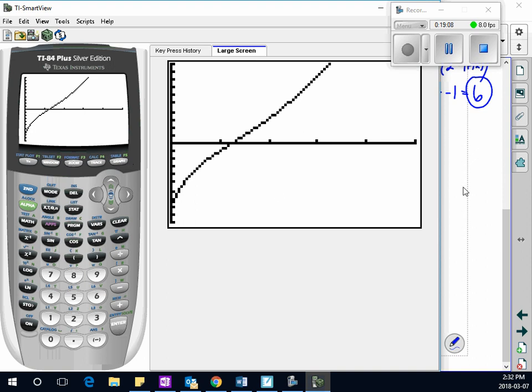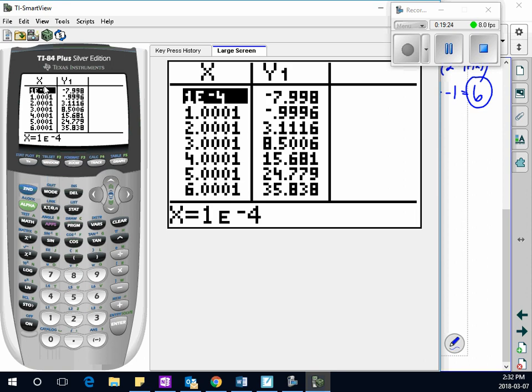So we need to go maybe a little higher up, but maybe we don't care. Does anybody know, instead of guessing how high up it is, a way to actually figure it out? Go to your table. Do you see at 5 we should be at about 25? So we need to change our window settings so I can see that.